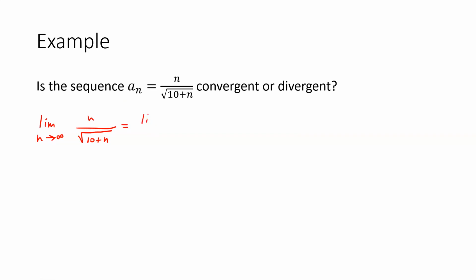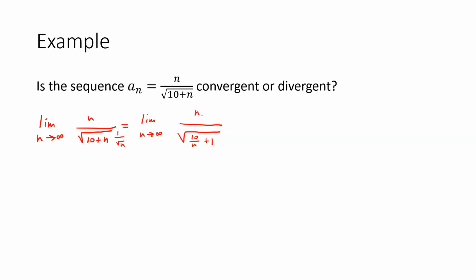Sort of like we did last time, I'm going to divide the top and the bottom by something that we can use to manipulate. So if I want to divide n inside the square root here, I'm going to divide the top also by the square root of n, so it's like I'm really multiplying this by 1 over the square root of n to allow me to do that manipulation.